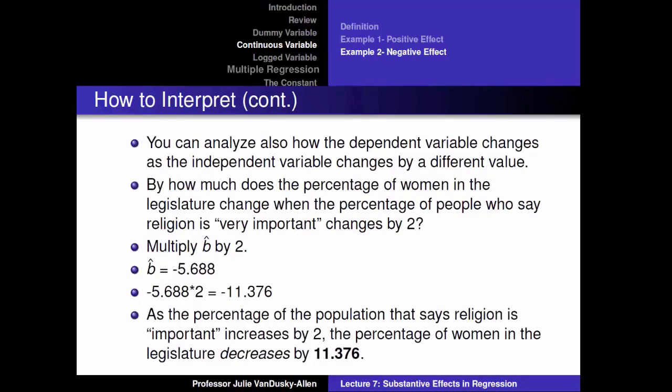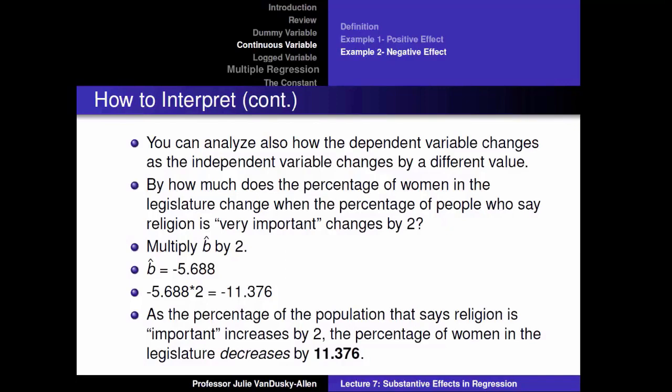You can also analyze how the dependent variable changes when the independent variable changes by a different value. For example, by how much does the percentage of women in the legislature change when the percentage of people who say religion is very important changes by 2? In this case, you start by multiplying b hat by 2. B hat was negative 5.688.